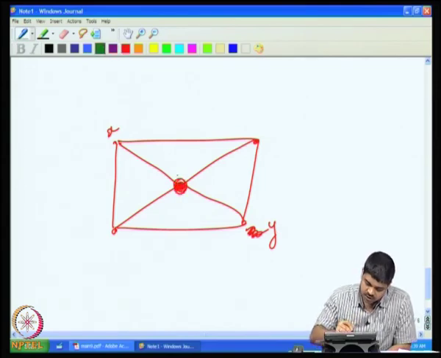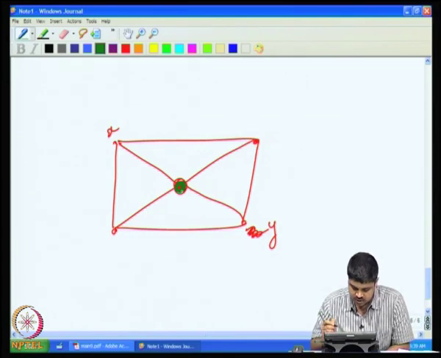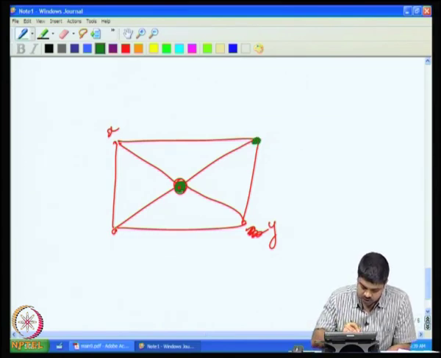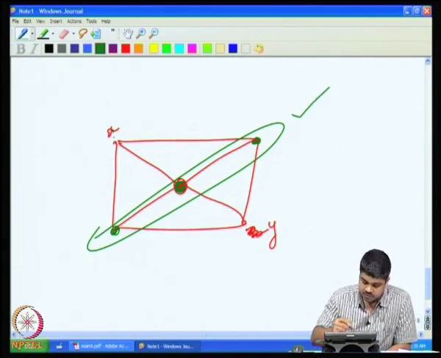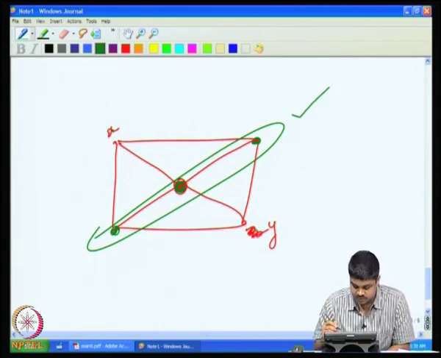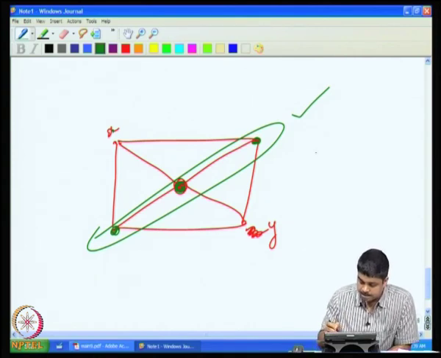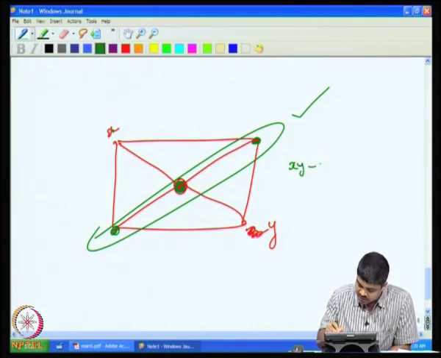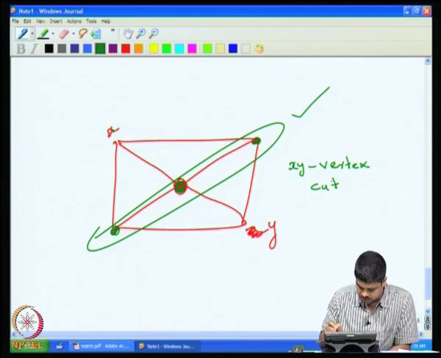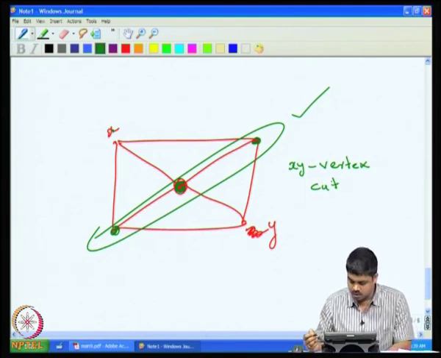I will mark it with green, this vertex is to be removed, and then this is to be removed, and this is to be removed. So, these three vertices are to be removed if I want to disconnect x from y. Therefore, this is an xy vertex cut here and its cardinality is 3. Okay.